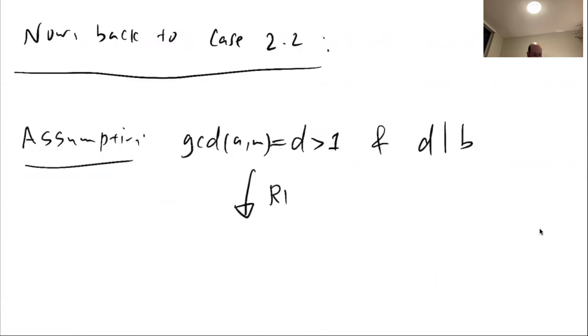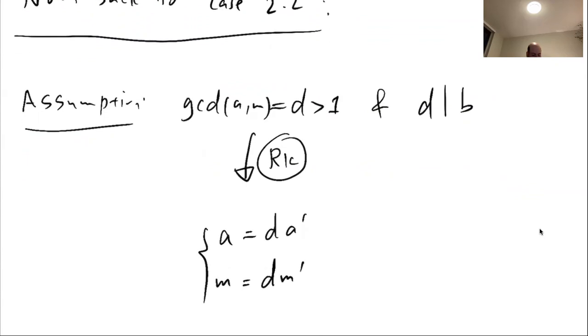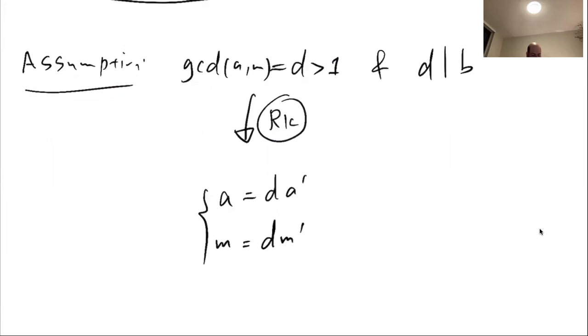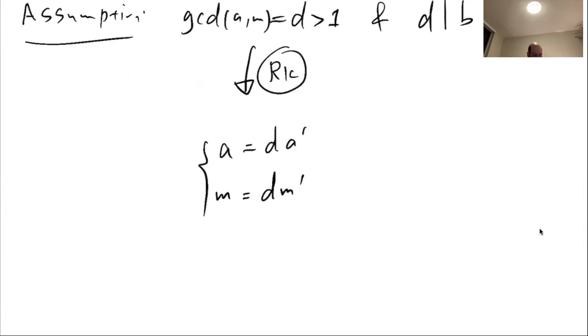According to the remark, I can write A as D times A prime and M as D times M prime. And we know that D divides B. So what do we want to solve? We want to solve AX congruent B mod M.